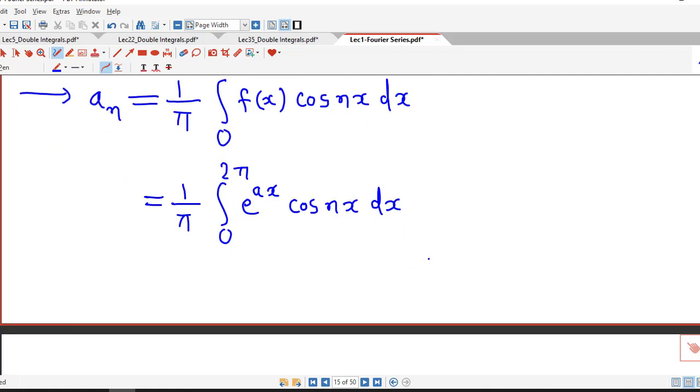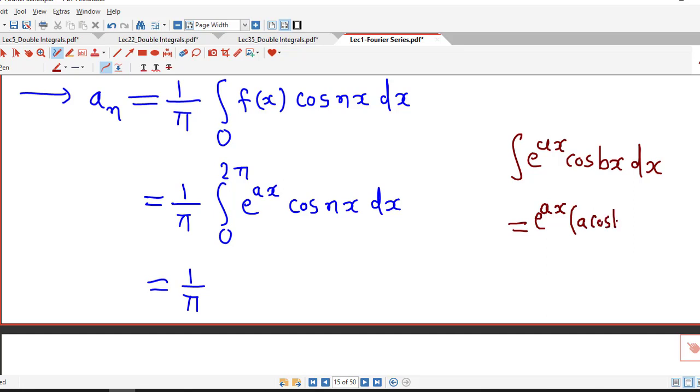Now if you have seen lecture number 1, we have written the formula for this type of integral. The formula for e raised to ax cos bx, which we discussed in lecture 1, is e raised to ax times (a cos bx plus b sin bx) divided by a square plus b square.